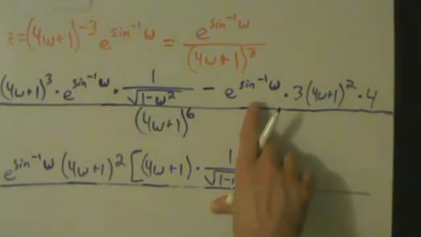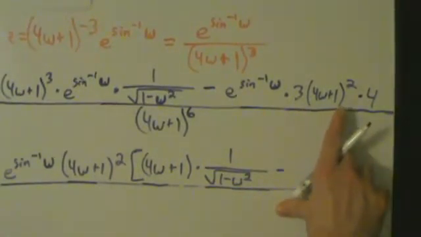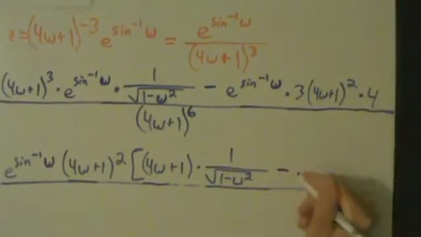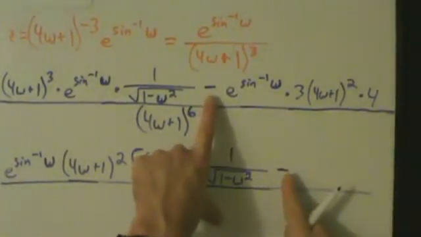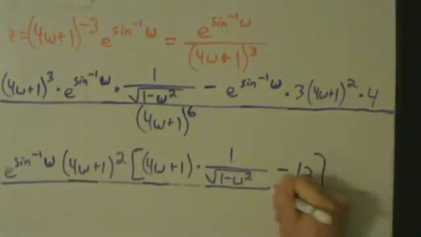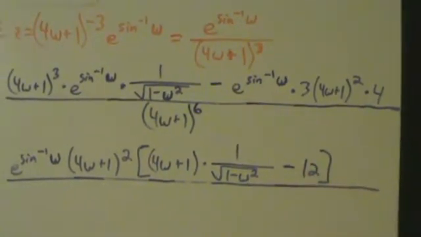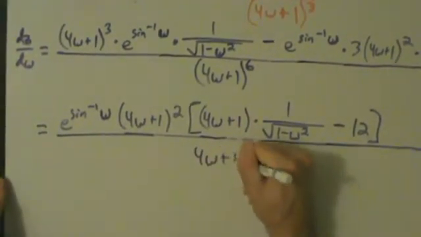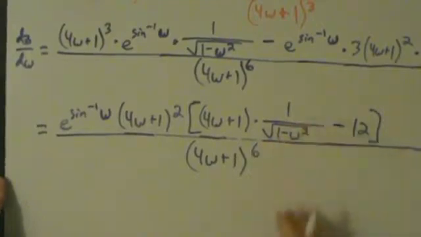E to the inverse sine of w, we pulled it out. 4w plus 1 squared, we already pulled it out. But here's a 3 times a 4 still there, so we have minus 12. Alright, now all of that's being divided by 4w plus 1 to the 6th.